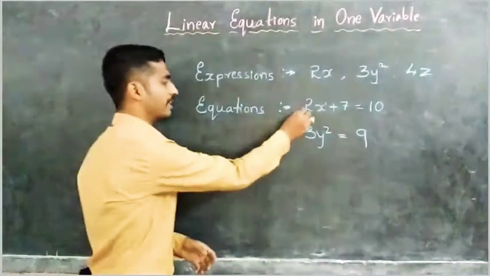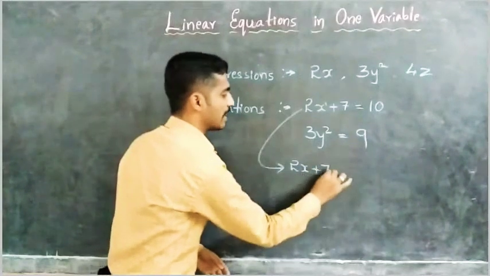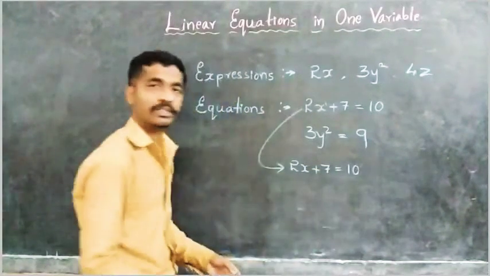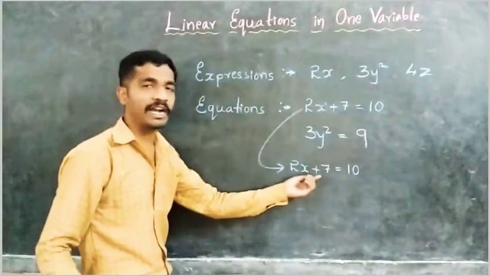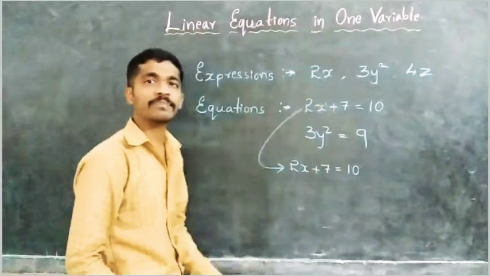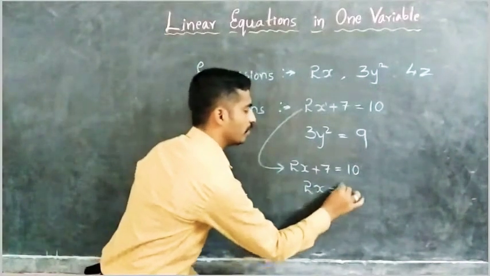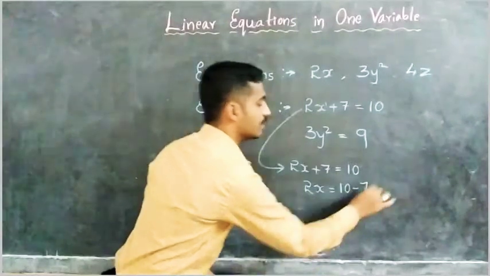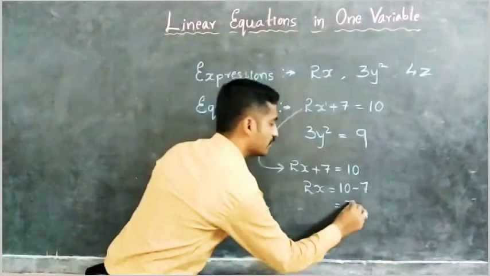So here I take 2x plus 7 equal to 10. Take 7 to that side. Here it is addition; if I take it that side, it becomes subtraction. So 2x equal to 10 minus 7, and 10 minus 7 is 3.